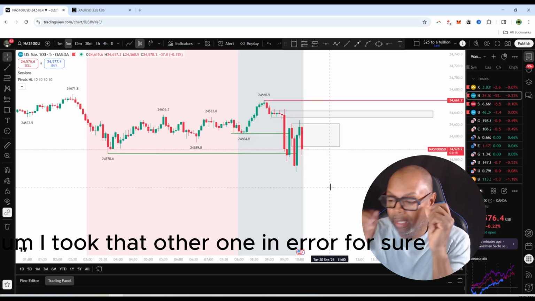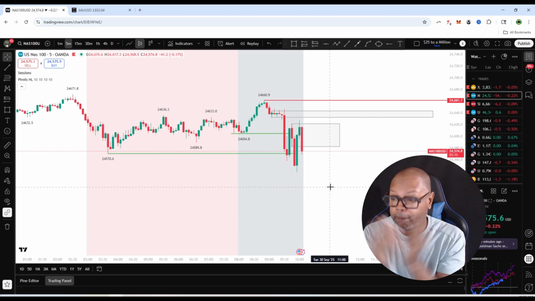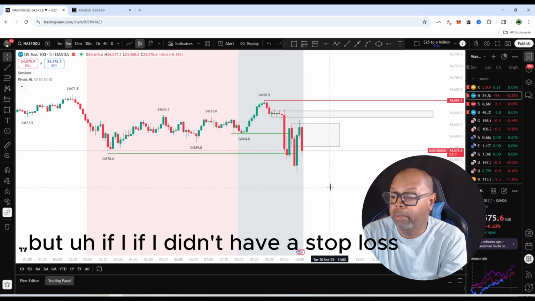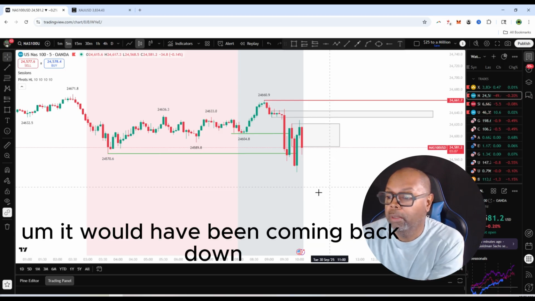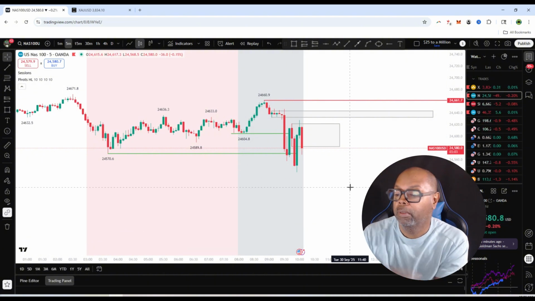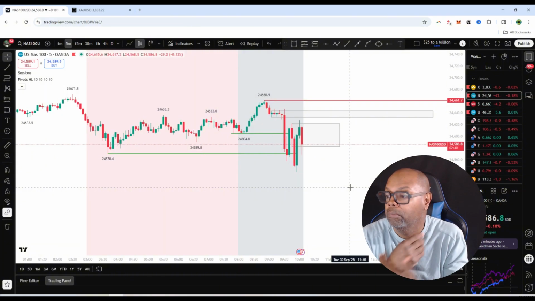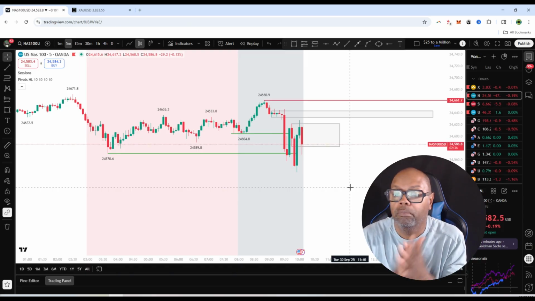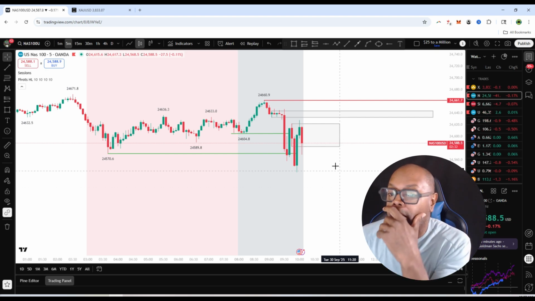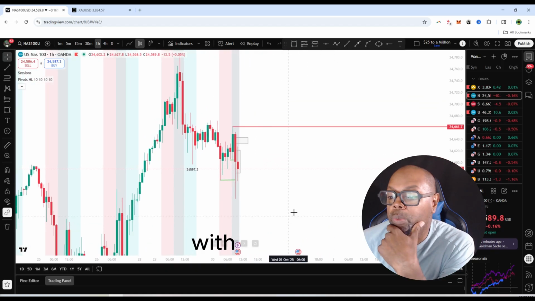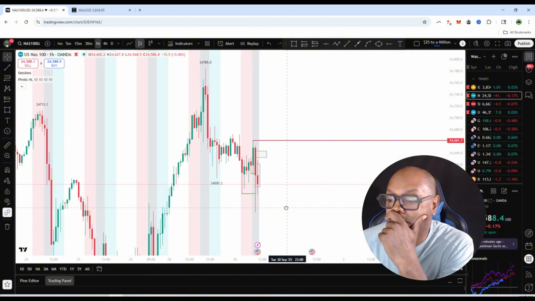I took that other one in error for sure. But if I didn't have a stop loss, it would have been coming back down. And so I guess I could just wait and see what happens with gold, you know.